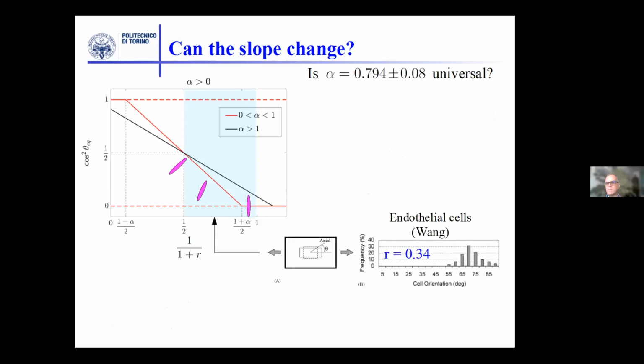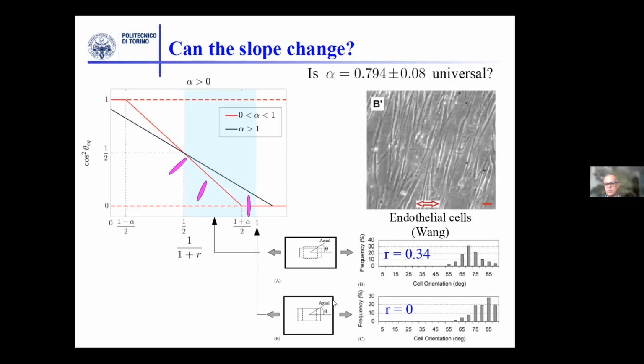If you look at this experiment by Wang, this is what happens. This is done on endothelial cells. In the free case with R equal to 0.34, you have that the maximum, say, the mode of this distribution is around, say, 70 degrees. So you are here, and you have an oblique configuration.